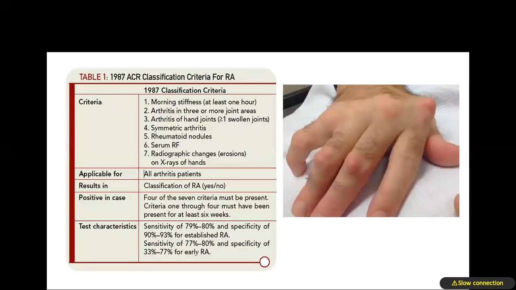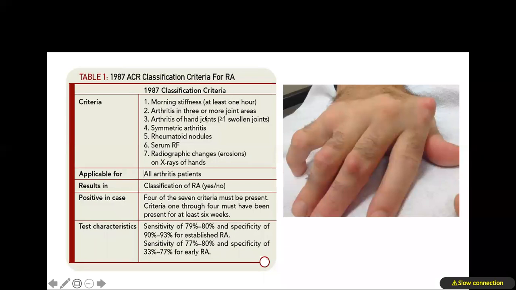Which one? I have not read your text. Yeah, the EULAR one. So the earlier one is very different because it does not have this kind of thing. It does not have X-ray changes in it, doesn't talk about nodules, and it counts joints rather than using 3 or more.